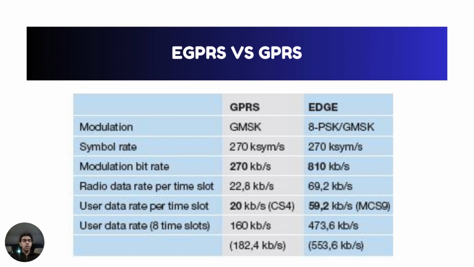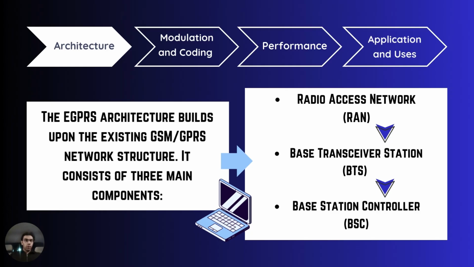As for GPRS, it used just the GMSK system. Because of that, we can see a huge jump in the modulation bit rate, and from there we come to the architecture framework of the EGPRS system.